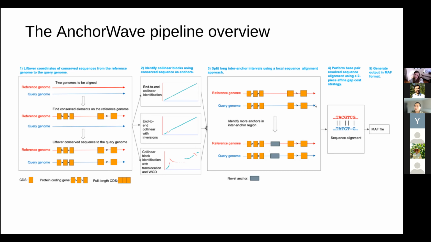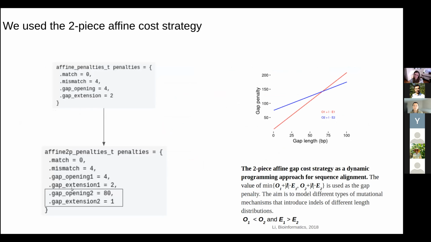Here, I would also like to introduce a little more about the two-piece affine gap cost strategy. For this strategy, we introduce another gap penalty parameter compared to the widely used affine gap cost strategy. We optimize the first piece of the gap cost penalty parameters for short indels, and the second piece for long indels.